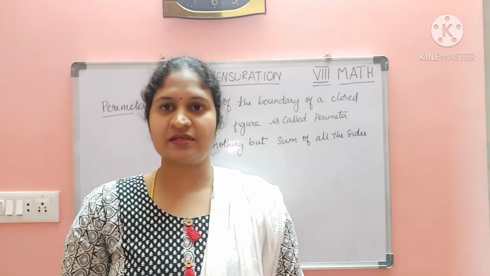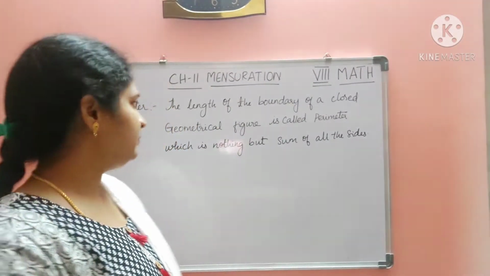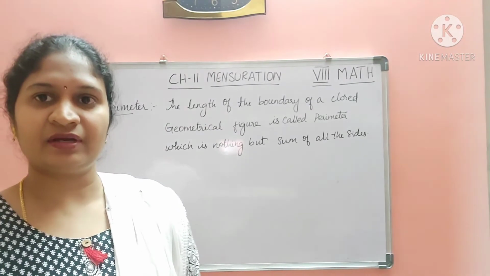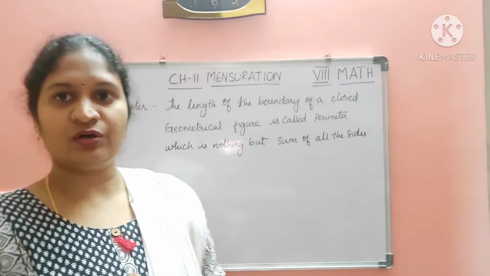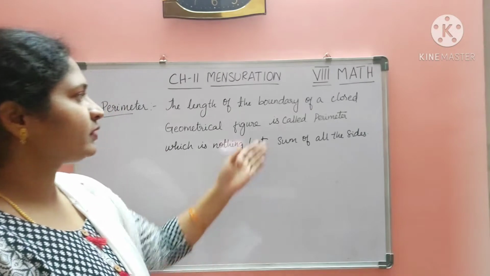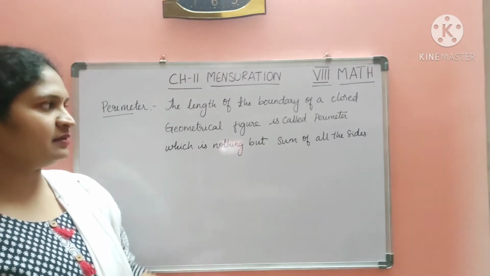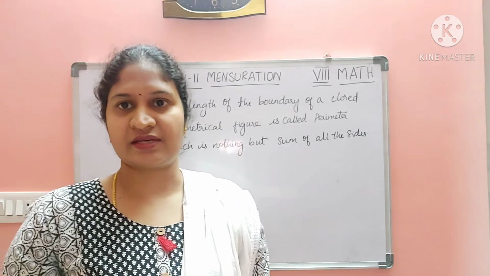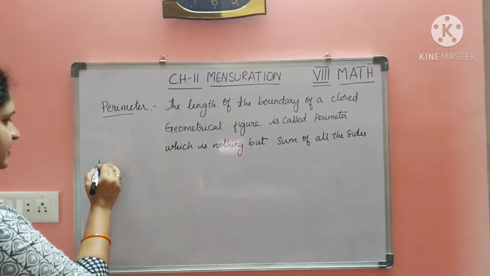Now let us discuss the next geometrical quantity, perimeter. Perimeter is nothing but the length of the boundary of a closed figure, which is nothing but the sum of all the sides. Let us take some examples.